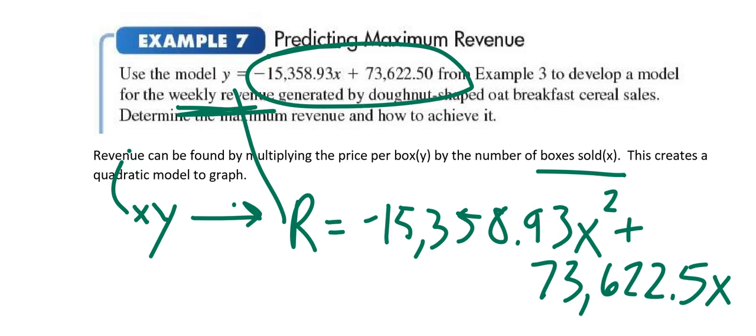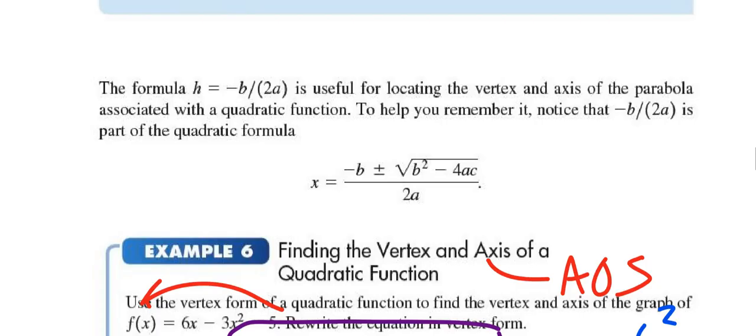Problem is, you're not going to have a nice window, so we have to kind of think about this window. What should we be using for x's? What did they use back in example 3?